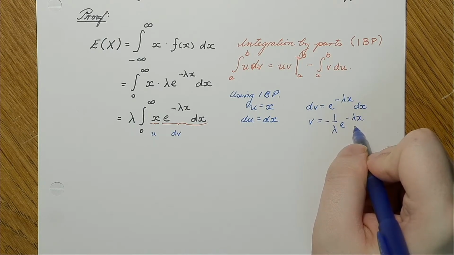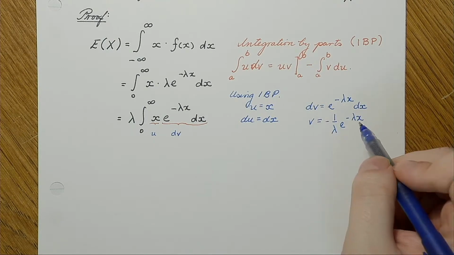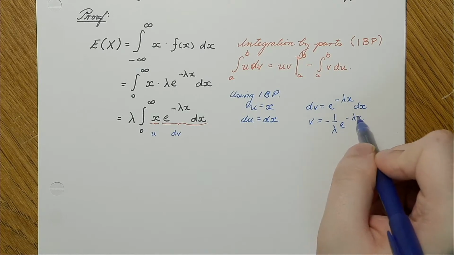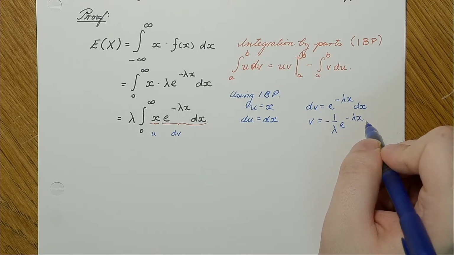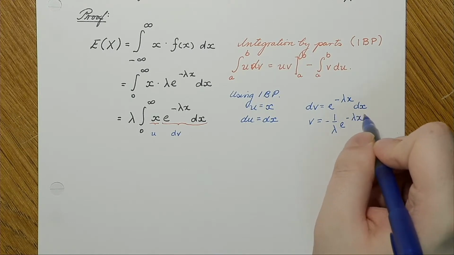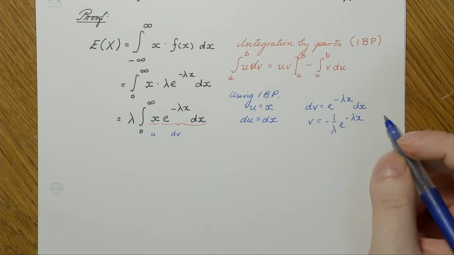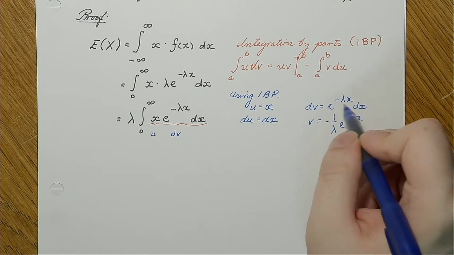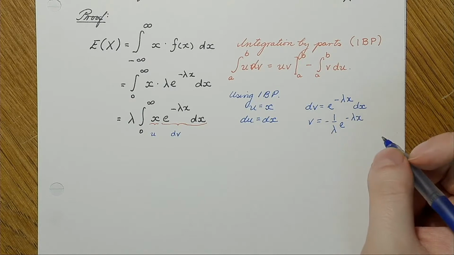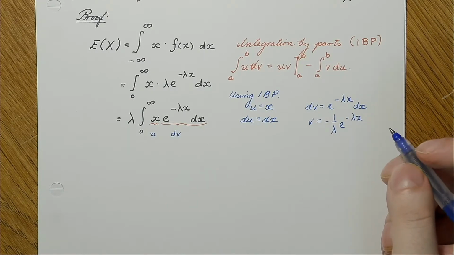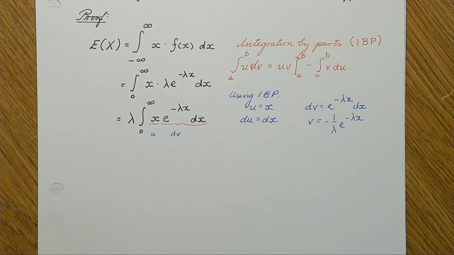You need to take the derivative of this, and so it's 1 over the derivative of this, and so you would get back to dv. Okay.